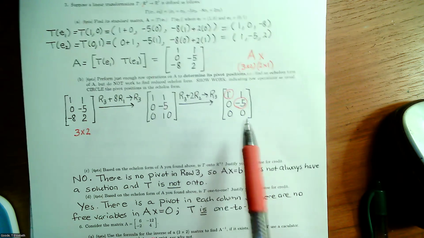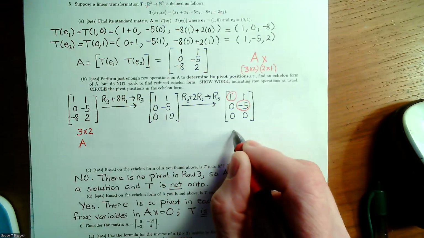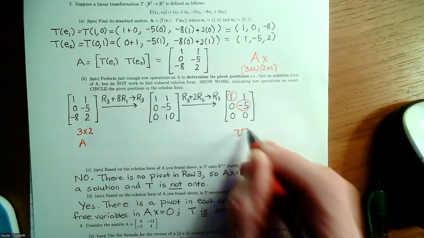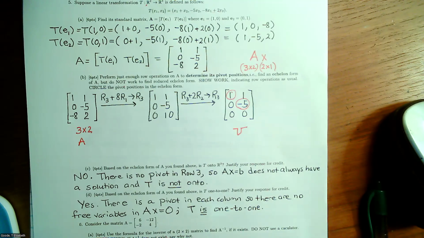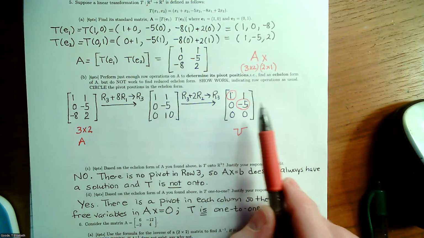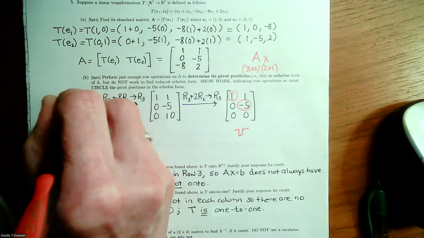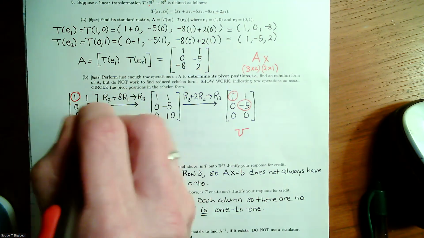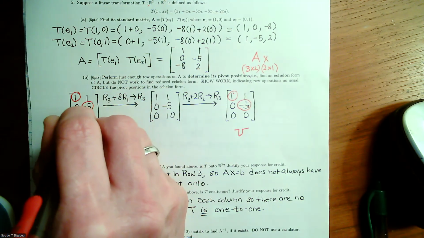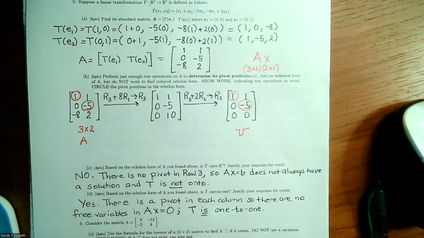If you call this A and you call this U, for echelon form, like we're doing right now, there are vectors that we cannot build using the columns of U. That means the same goes for A, because these have exactly the same solutions. We know that elementary row operations do not change solution sets.